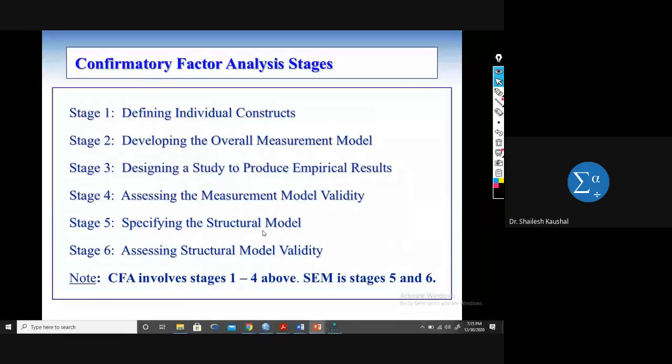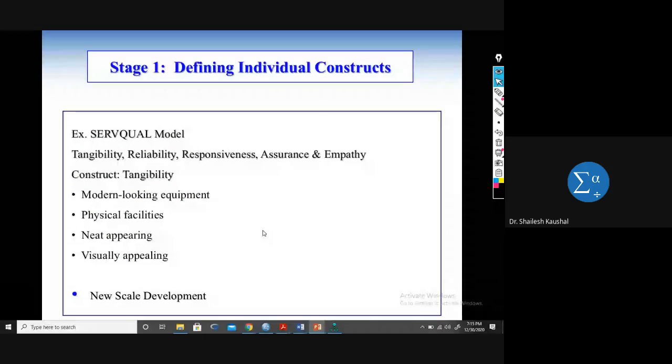In the first stage, define the individual construct. Generally, in social science research, we measure human behavior.